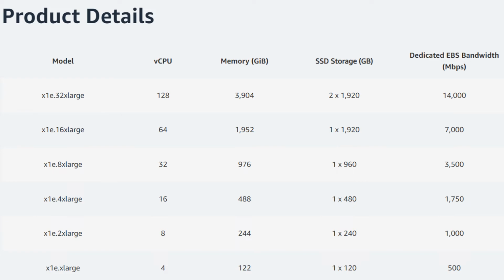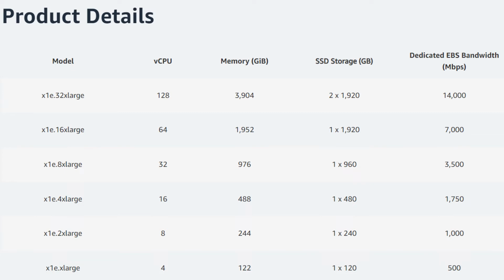So as you can see below at the bottom, the X1e X large had 4 vCPUs. So that means that you're talking 2 Oracle processor licenses, but you were getting 122 gig of RAM. So great shape, I love the ratios here. The 2X large, 8 vCPU, and you're getting 244 gig of RAM.